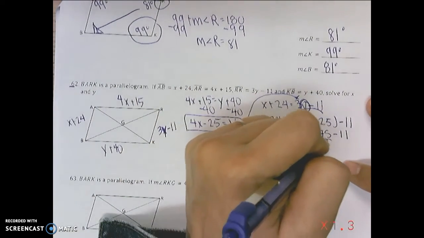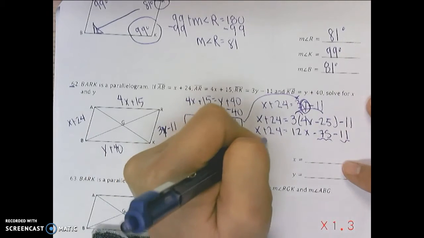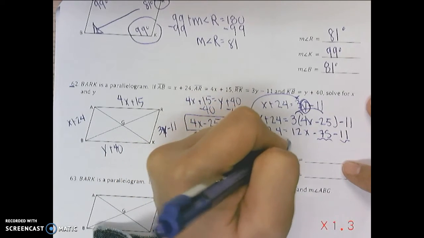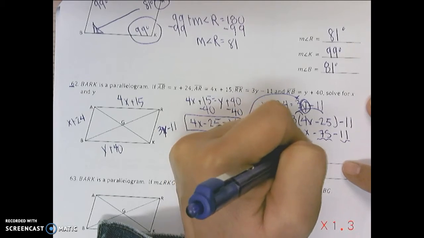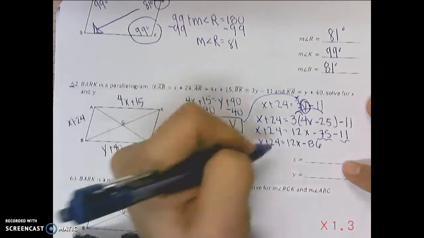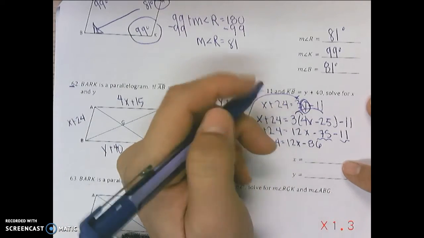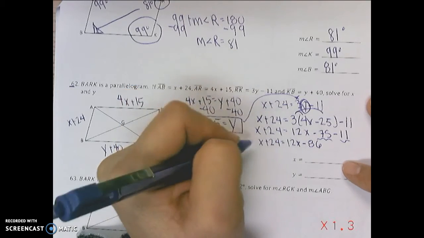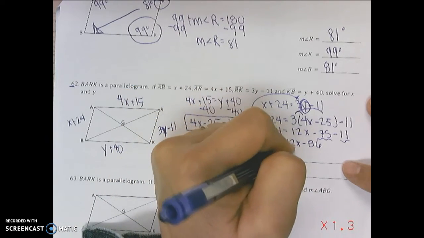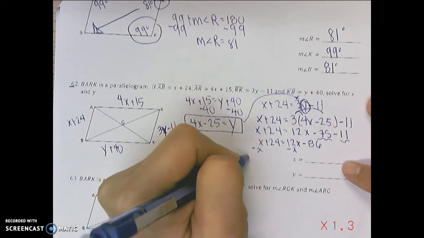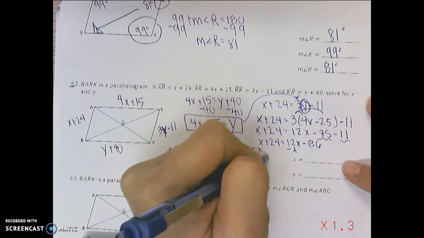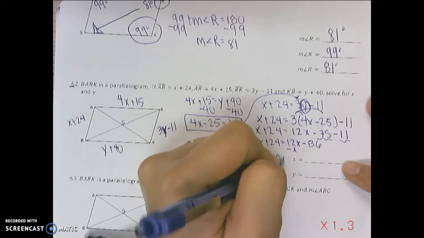I'll do some combining of like terms and have x plus 24 equals 12x minus 86. Now I want to get my x's on one side, so I'm going to subtract x and end up with 24 equals 11x minus 86.